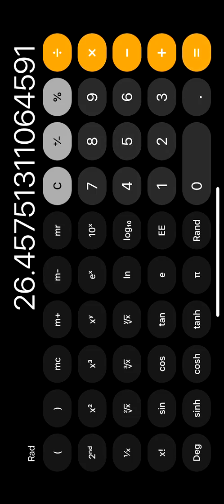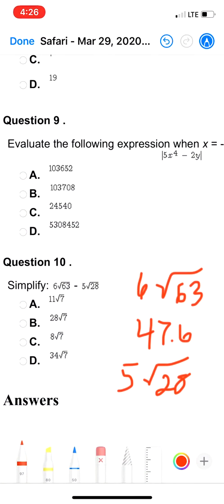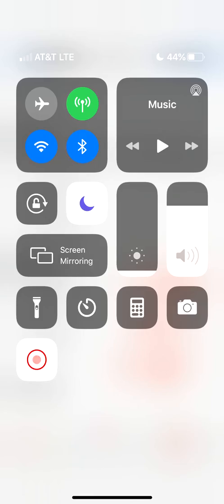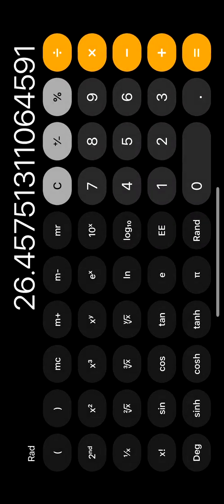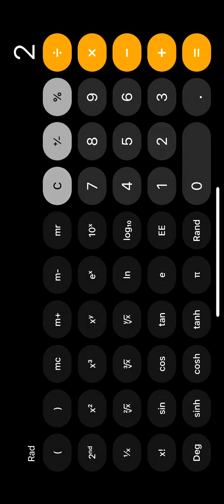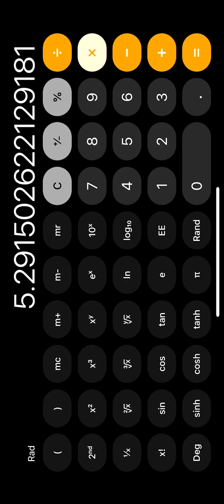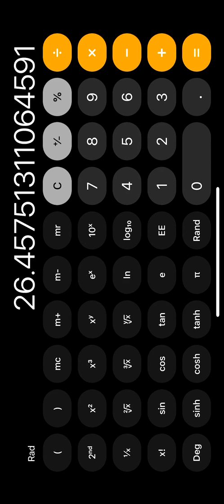Is that times 5? All right, so did I do that? Square root of 28. Let me just make sure. I couldn't read my handwriting. I think so. All right, 26.5.